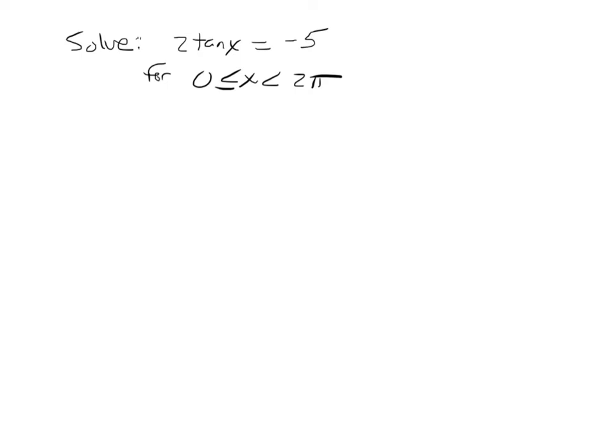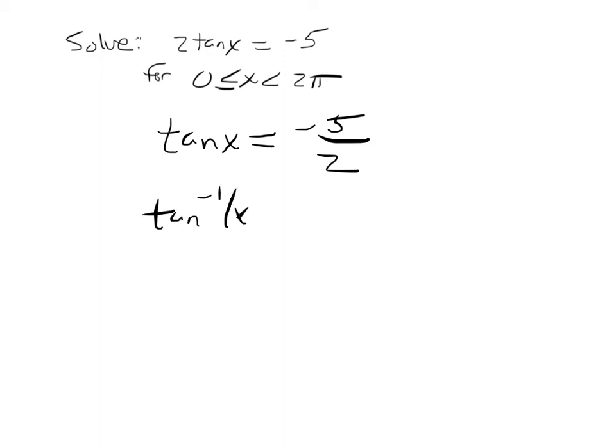First step is to set us up so that we can use our tan inverse tool in our calculator. Tan of x equals -5 halves, dividing both sides by 2. So I then go to my calculator, and tan inverse of -5 halves equals x.